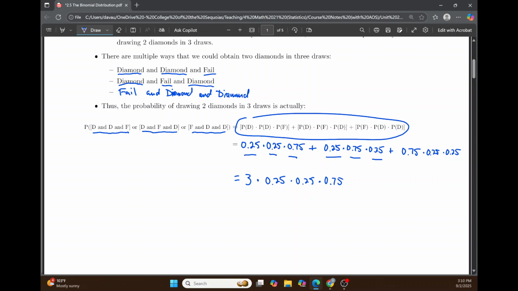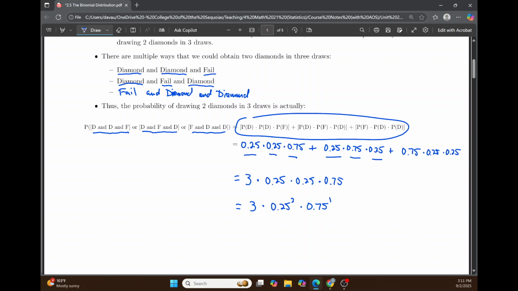We could think of 0.25 times 0.25 as 0.25 squared. And once again, hopefully it'll become clear a little bit later why I'm writing it this way. Similarly, I'm going to write 0.75 as 0.75 to the first power. Okay? So again, I know it's maybe a little bit strange to write the answer that way, but it'll become clear in a second why I'm doing that.